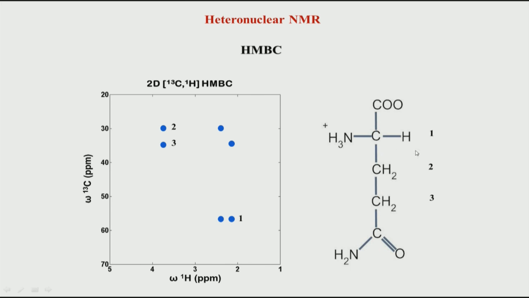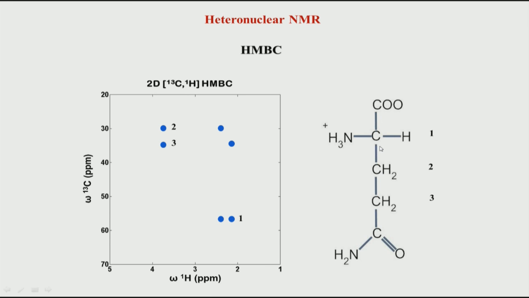What you will see is that this proton is coupled to this carbon by one bond, but it can also have a further remote coupling to another carbon which is 2 bonds away, and which will be smaller compared to this one, which is typically, let us say, 140 hertz. This will be much less, about 10 or even less. You can also have a further coupling on this side, even less.